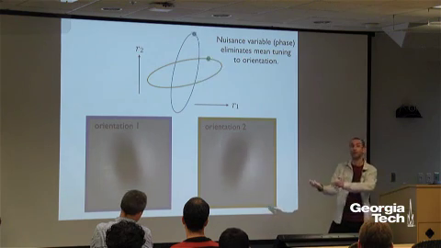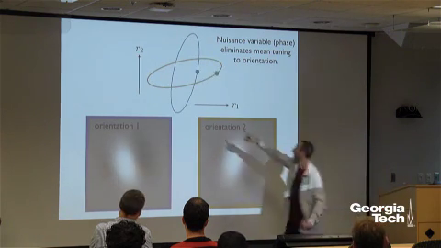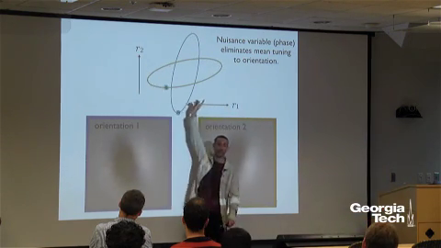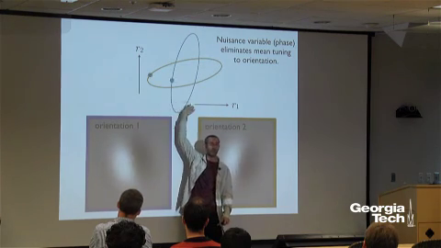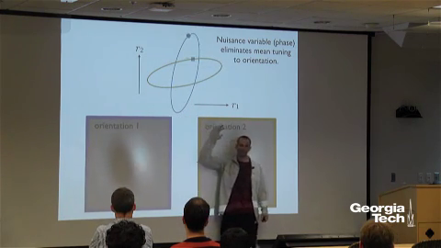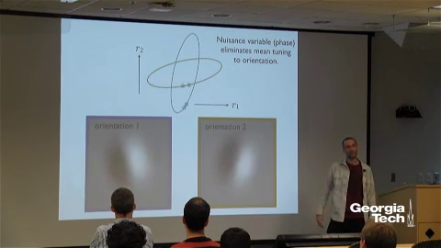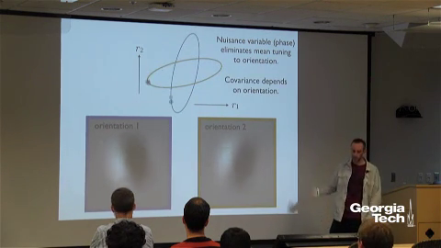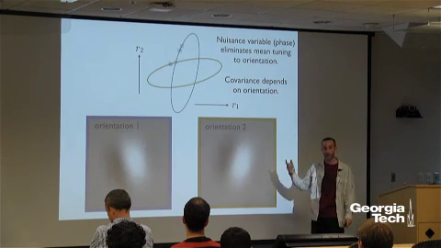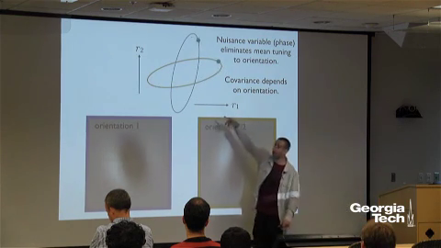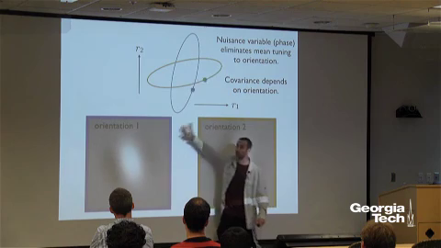Because half the time I've seen a plus value, like over here, half the time I've seen another spatial phase over here. And on average, there's just no tuning of these neurons. No direct linear mean tuning. So that covariance is going to change. The covariance between these two responses is going to change in the orientation, whether you're yellow or blue.